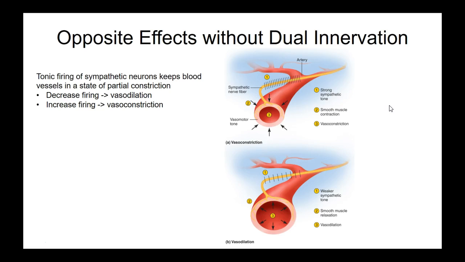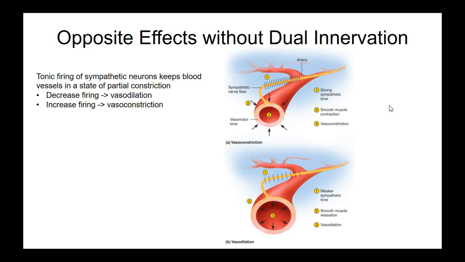So the muscles in the blood vessel walls are somewhat contracted. If the sympathetic frequency of action potentials increases, then the muscles in the blood vessel wall are going to contract, which means that the blood vessel is going to constrict, right?